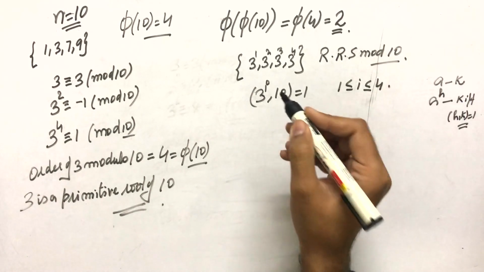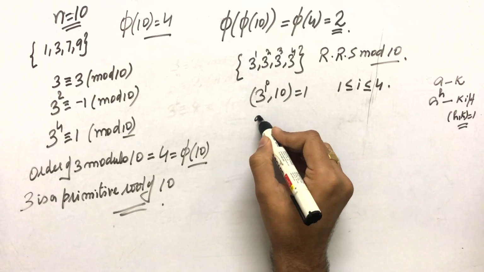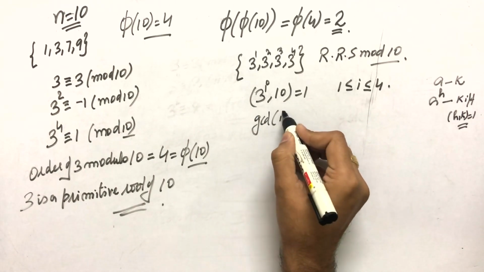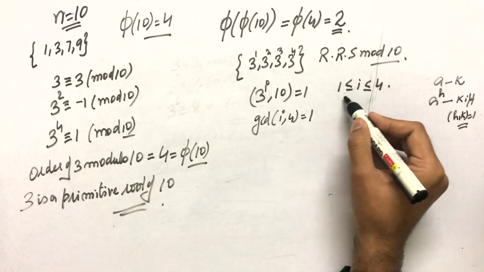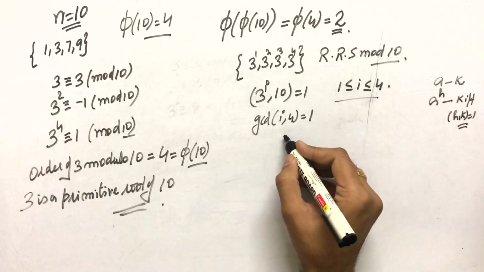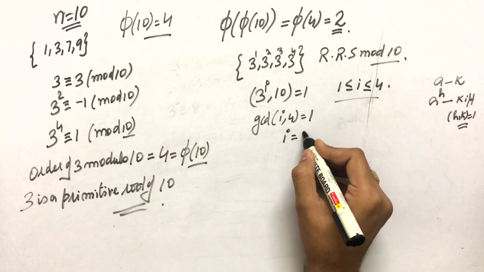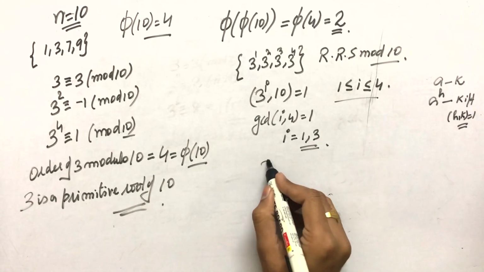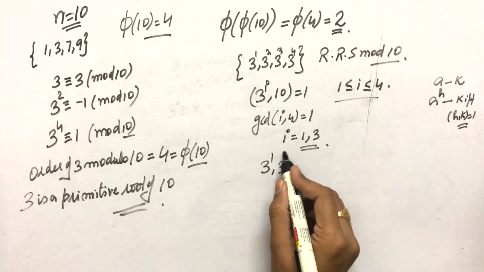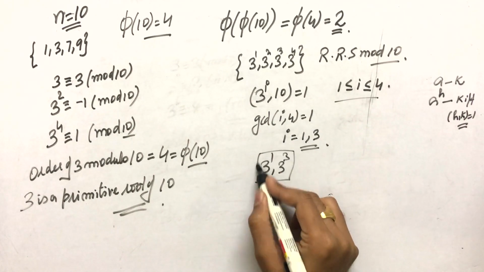So we make use of it here again. Now we want GCD of i and 4 to be 1 for i from 1 to 4. What are the possibilities? i is equal to 1 and 3. That means 3 power 1 and 3 power 3 are the primitive roots.